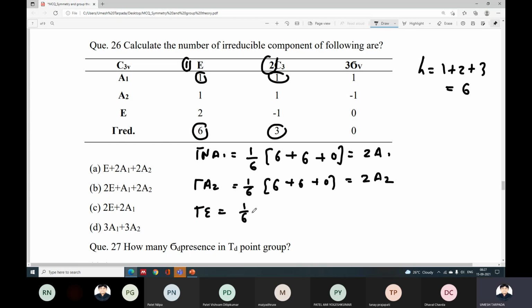Number of times C: 6 into 2 into 1 that is 12, 3 into -1 into 2 that is -6, and 0, so 6 by 6 that is 1. So 2A1 plus 2A2 plus E.